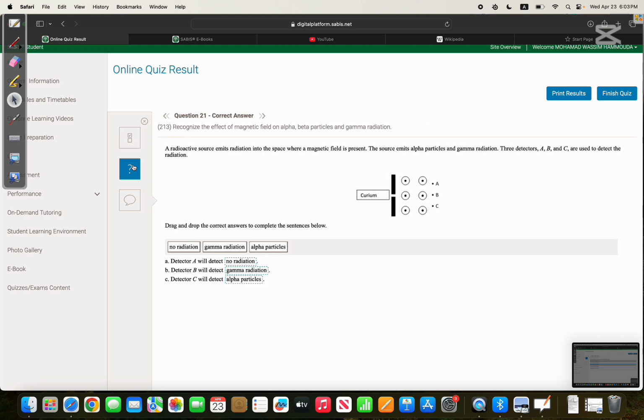Okay. A radioactive source emits radiation into the space where a magnetic field is present. The source emits alpha particles and gamma radiation. 3 detectors A, B, and C are used to detect radiation. Okay, look.